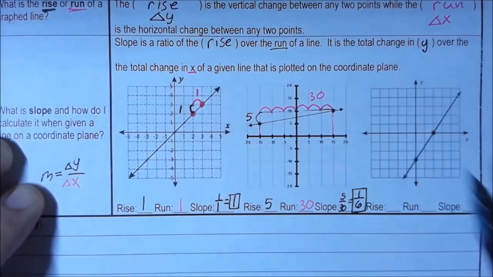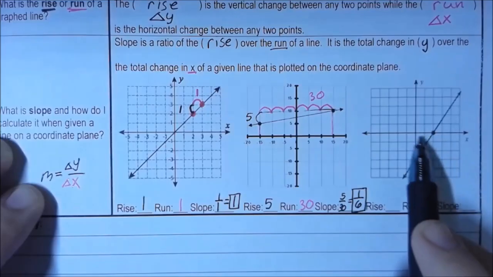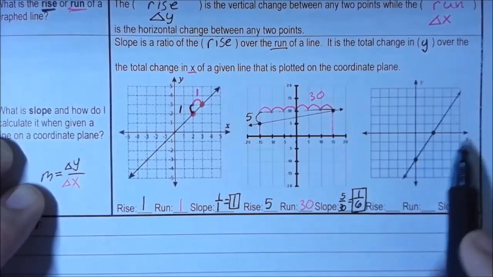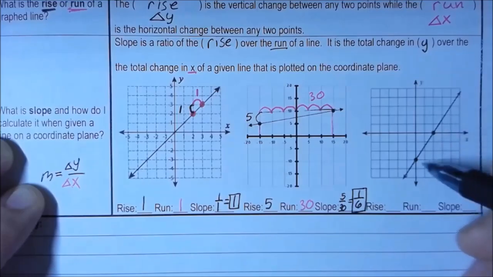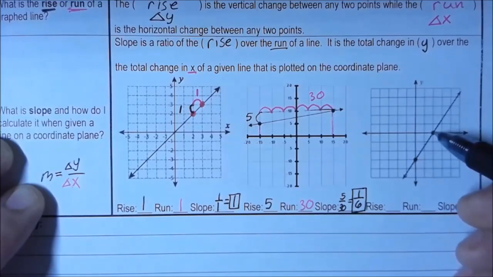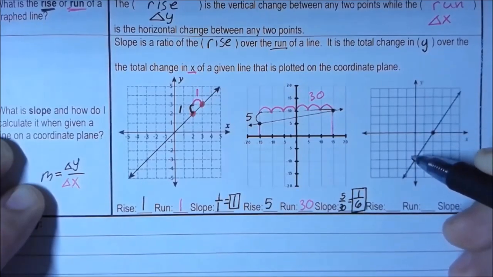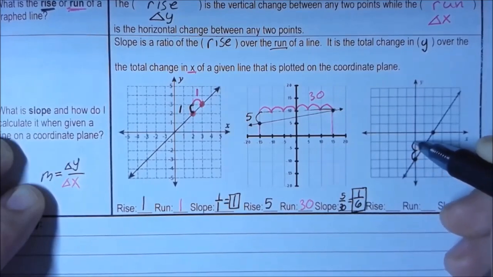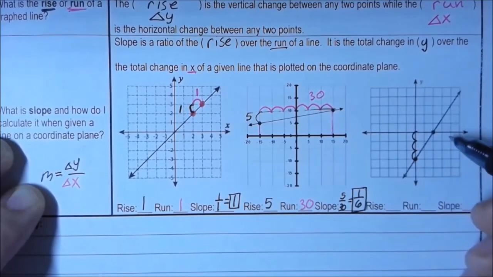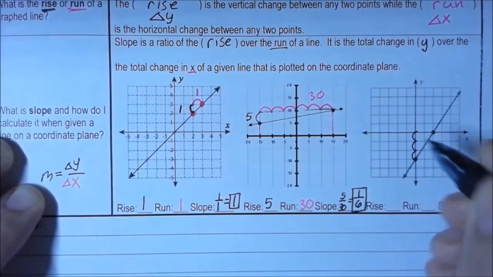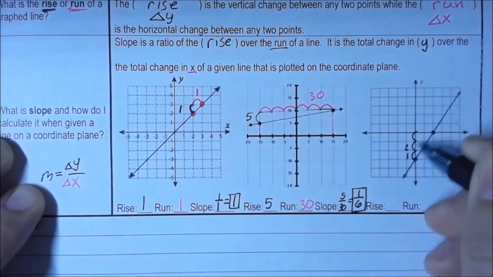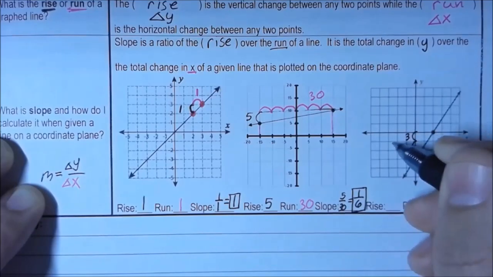So let's look at this last one. Now in this last one, notice that there's no numbers. If there's no numbers, you just count by ones. So for instance, let's look at our rise. To get from here, lined up where this dot is, we go up 1, 2, 3. And notice it is now lined up with the other dot on the line. So we went up 3 units.